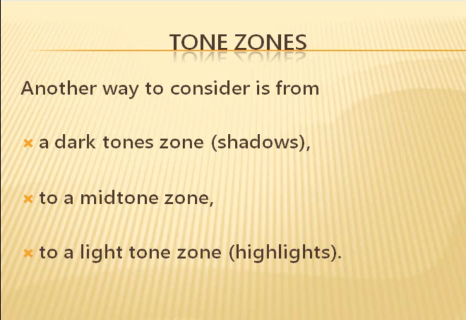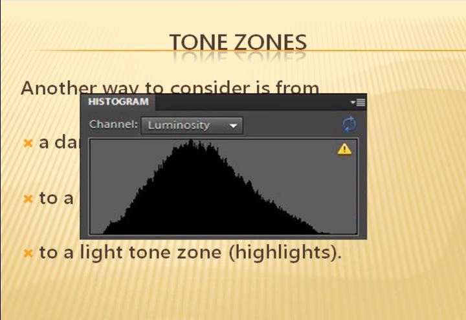So the left side of your histogram is going to represent the shadows. So in this histogram that we previously reviewed, we don't have a whole lot of shadows, and we're also lacking in the highlights. The highlights would be where the sun blows it out.